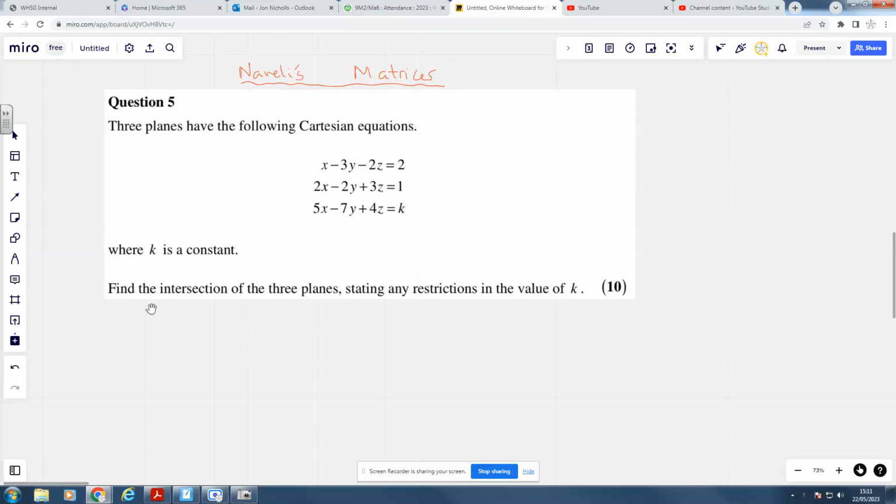Basically, if you can find the intersection of three planes, then either they intersect at a point or they intersect in a line. Now, let's investigate the determinant of this matrix: 1, minus 3, minus 2; 2, minus 2, 3; 5, minus 7, 4.